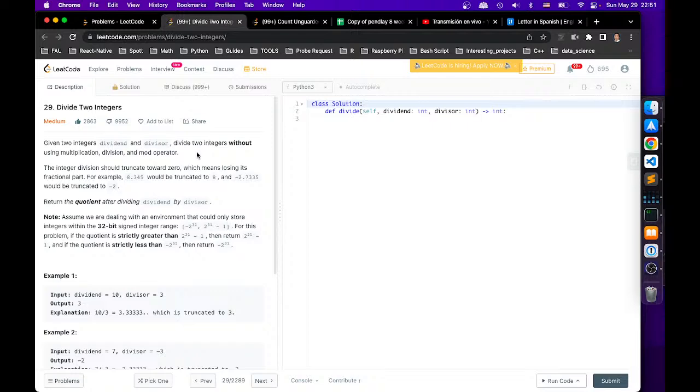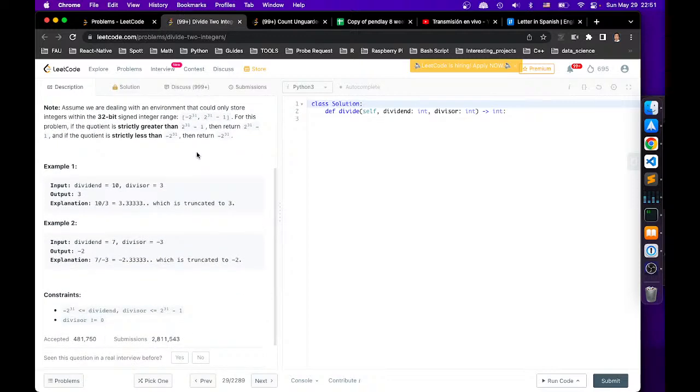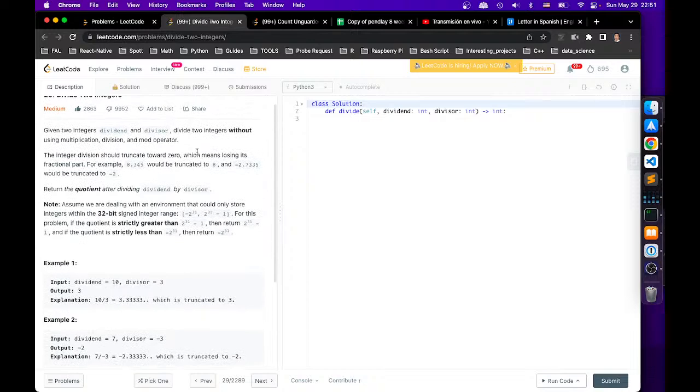Assume we're dealing with an environment that can only store integers within 32 bits. If the quotient is strictly greater than this, then return this.